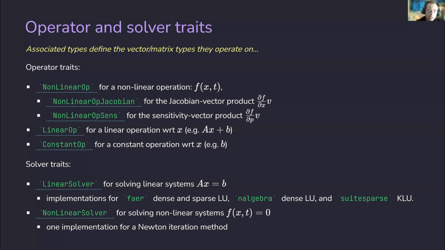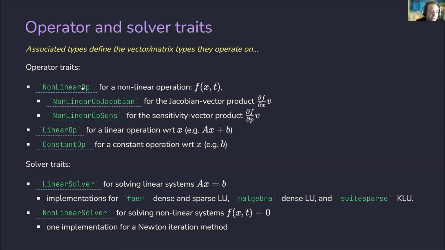And also for the implicit solvers, for example, you could think of them as a series of nonlinear solves of a particular function, which is a discretization of your original ODE equations. So at every time step, Diffsol needs to solve a nonlinear equation, and it does this using a Newton iteration method most of the time. And that nonlinear solver also requires a linear solver. So there are traits for linear solvers as well.